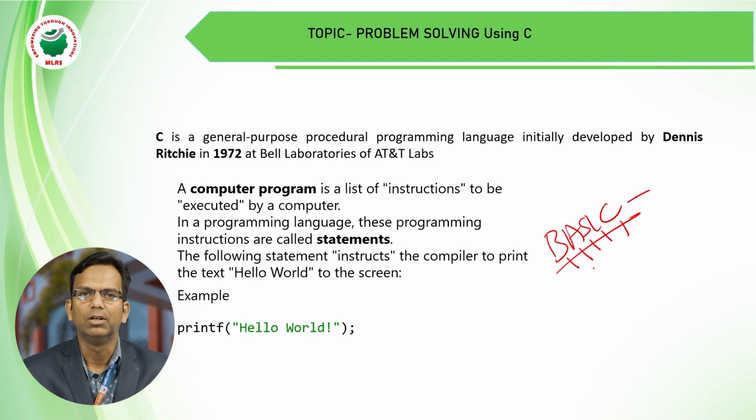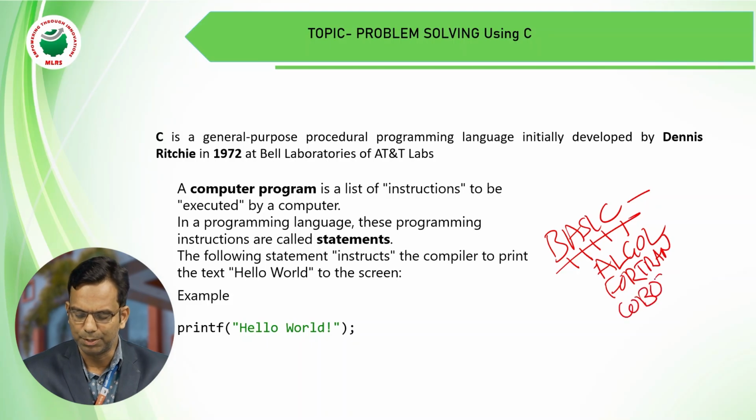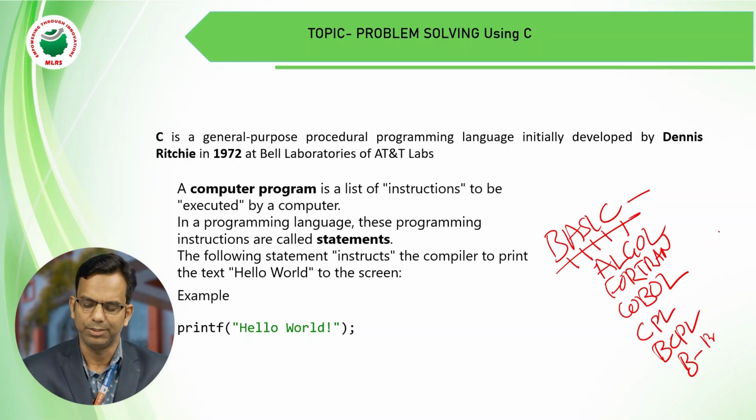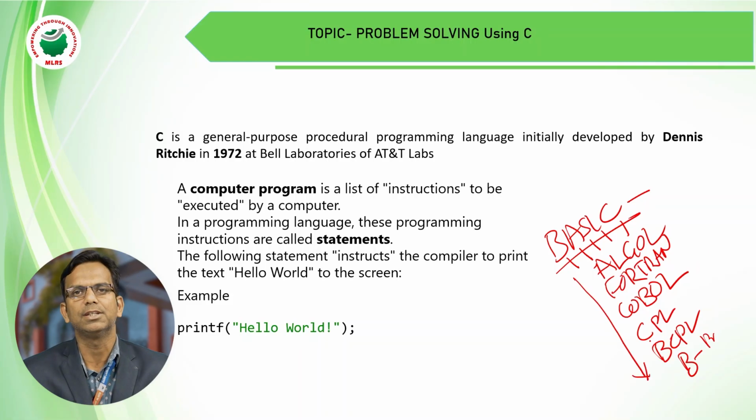Similarly, we have ALGOL, the algorithmic language, Fortran, the formula translator language, COBOL, the common business oriented language, CPL, the combined programming language, BCPL, the basic combined programming language, and then the B language.